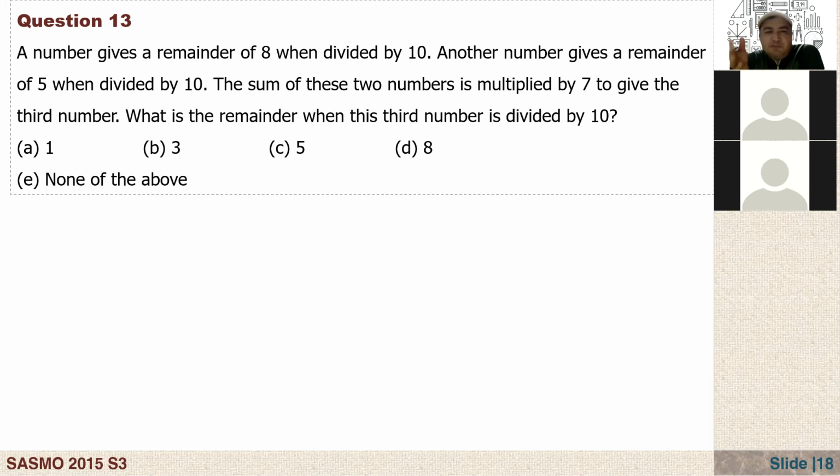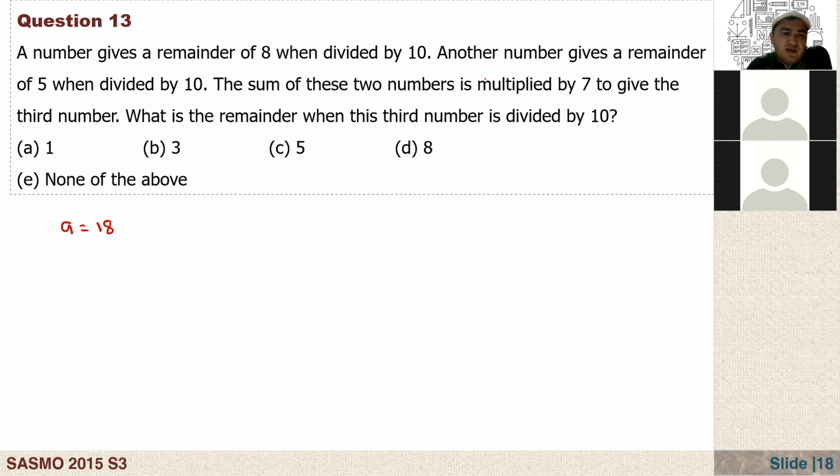Here we are not considering the general case, though maybe we can do the general case in a different way. But here it's a multiple choice question and answers are given. A number gives a remainder of 8 when divided by 10. What is that number? Just take one of them. Let's say the first number is 18. When you divide by 10, the remainder is 8.